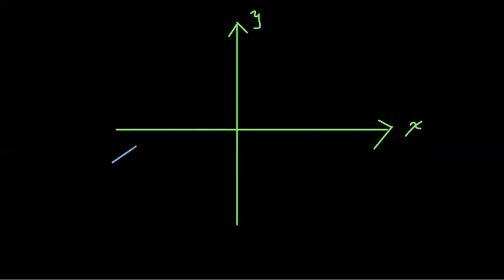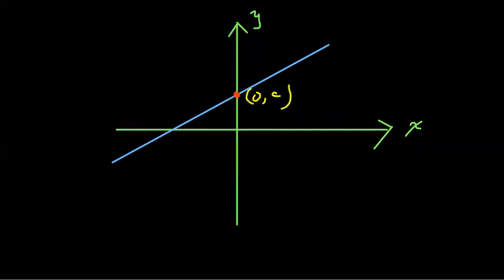If I have something that looks like this, so this is my y, this is my x, and I have a line that goes like that. Right here, it crosses the y-axis. Right there, where it crosses the y-axis, the x value is 0, so the point is (0, c).